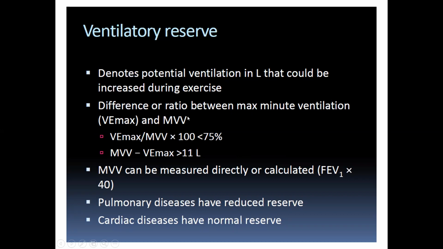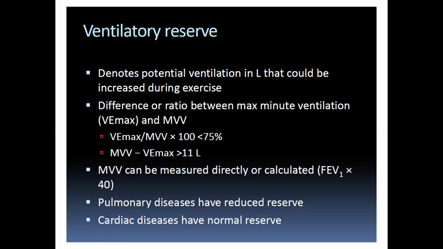The first thing you need to know is what is maximum voluntary ventilation. It can either be estimated or measured. By the way, if you don't know what's done in the lab, the first thing done before you even start the cardiopulmonary exercise test is a spirometry.